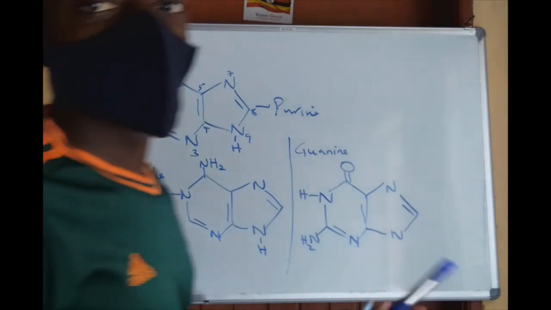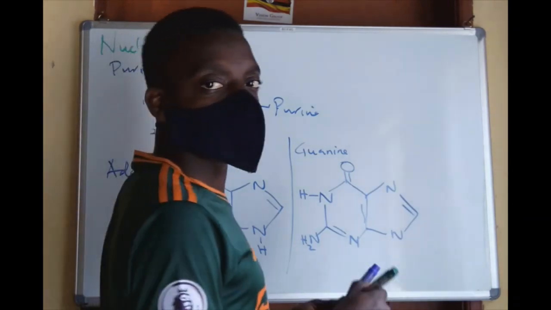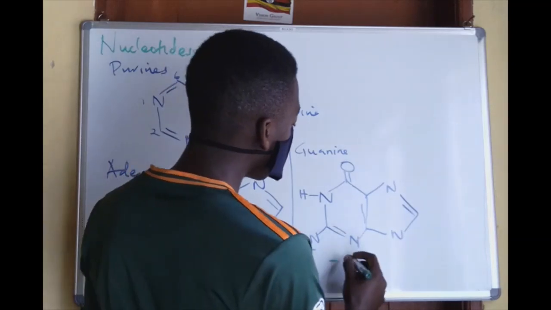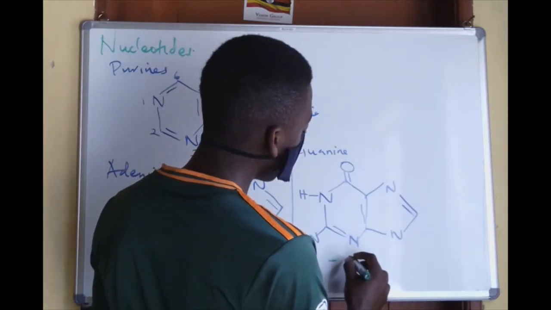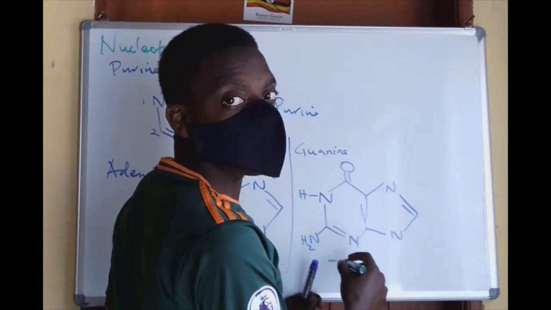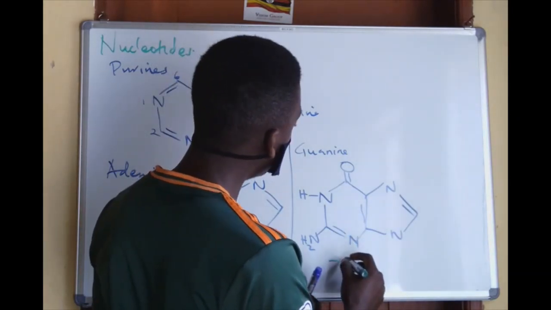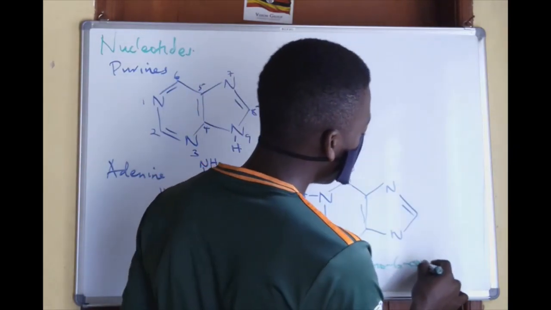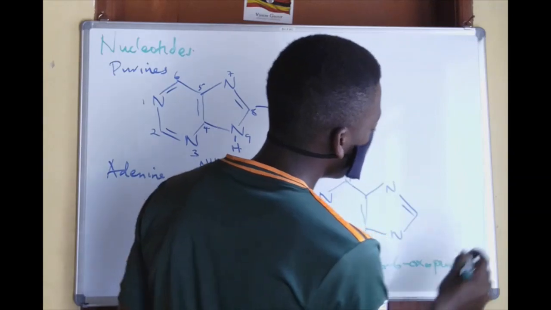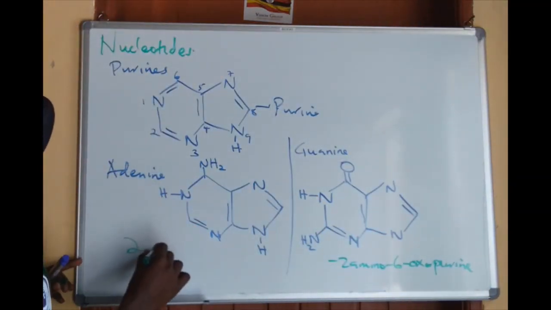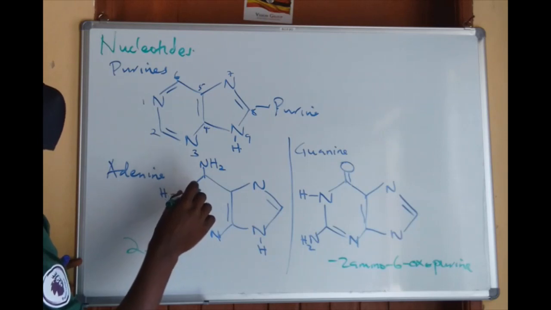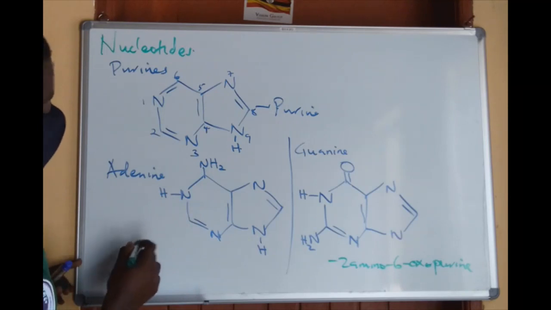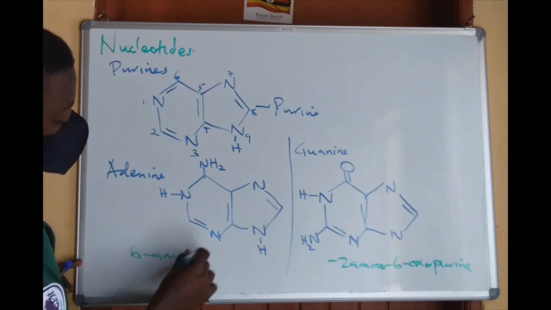If I can add on some names, this one will be called 2-amino-6-oxopurine, whereas this one is just the 6, because this is carbon number 6, 6-amino purine.